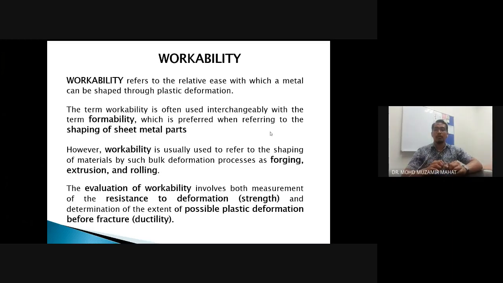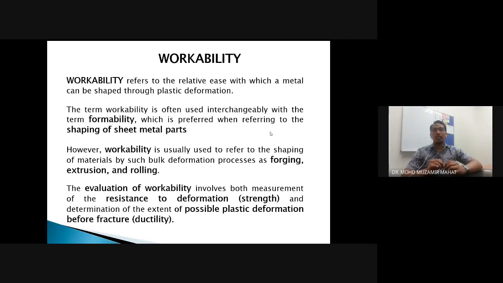Plastic deformation here means permanent deformation. The term workability is often used interchangeably with the term formability, which is preferred when referring to the shaping of sheet metal parts. When we talk about sheet metal parts, it is preferable to use formability.